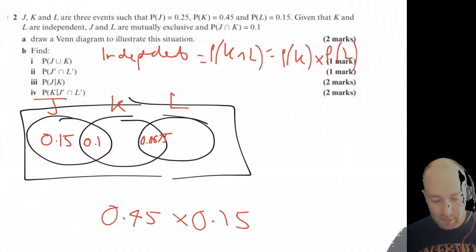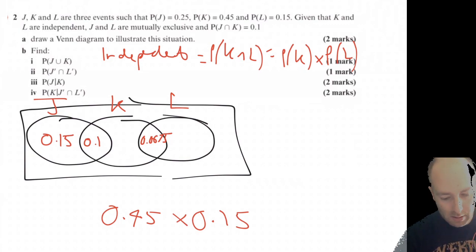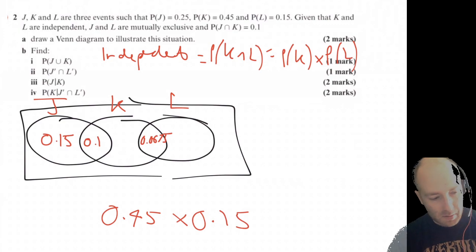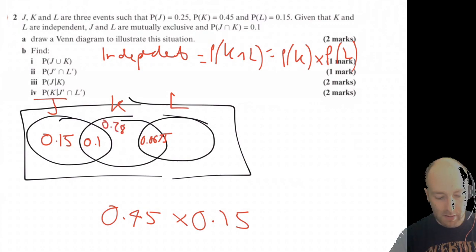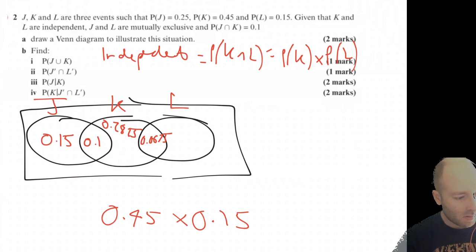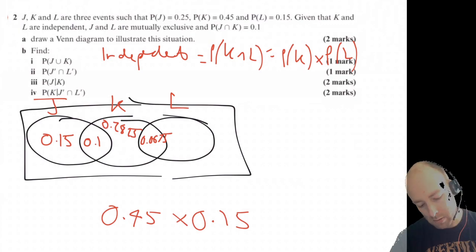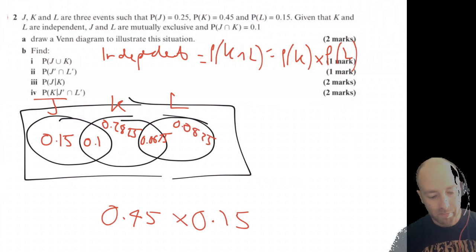So the rest of the K circle is going to be 0.45, take 0.1, take 0.0675, which gives me 0.2825. And the rest of the L circle is 0.15 take 0.0675, which gives me 0.0825. Horrible numbers.